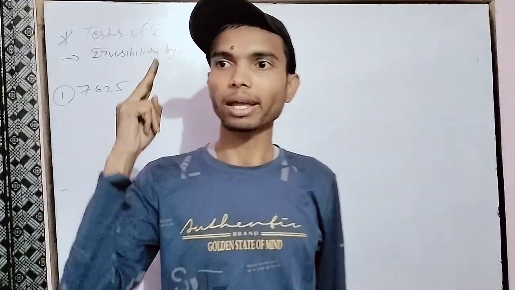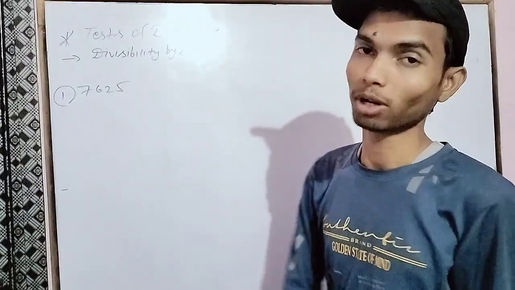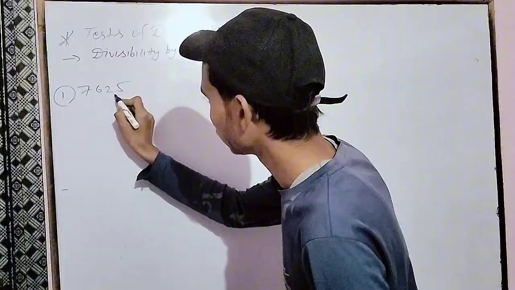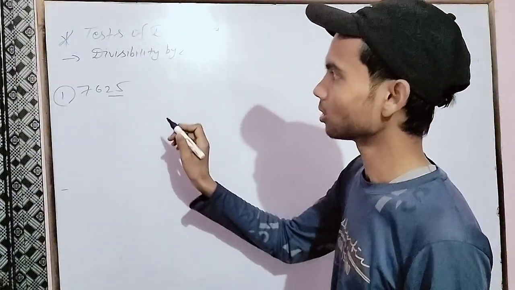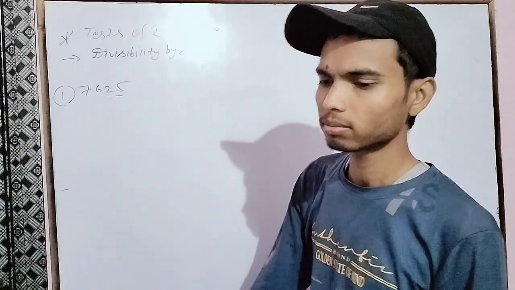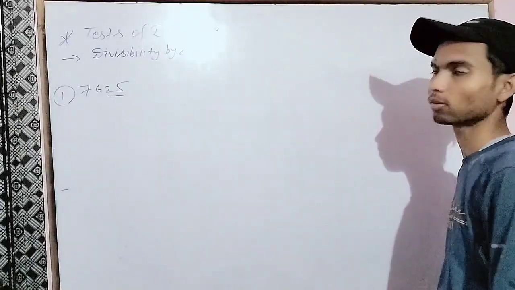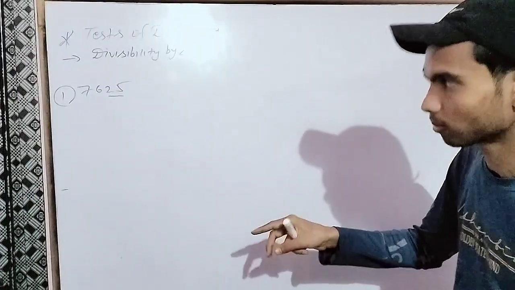It explains that if the last two digits of a number together are divisible by 4, then the whole number will be divisible by 4. Here the two digits are the ones and tens. 25 doesn't come in the table of 4, that's why this whole number is not divisible by 4. What if here is a 4 instead of a 5?